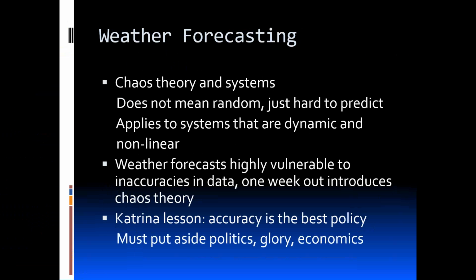And what that means is lives could have been saved if there was more transparency, more accuracy in the forecast, and if the officials involved put aside politics, personal glory, and also economic concerns, because there were a lot of problems initially with Katrina because there was a fear of panic and also a fear of lost revenue in the city because it's a tourist destination. So there was a lot of problems with accuracy and transparency of reporting because of that.